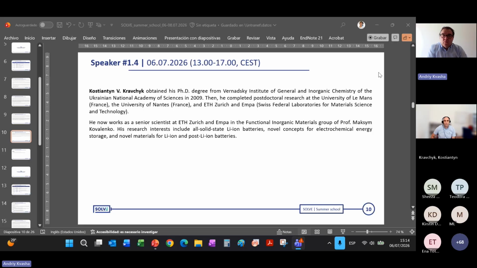He now works as a senior scientist at ETH Zurich and EMPA in the Functional Inorganic Materials group of Professor Maxim Kovalenko, and his research interests include all solid-state lithium-ion batteries, novel concepts for electrochemical energy storage, and novel materials for lithium-ion and post-lithium-ion batteries.